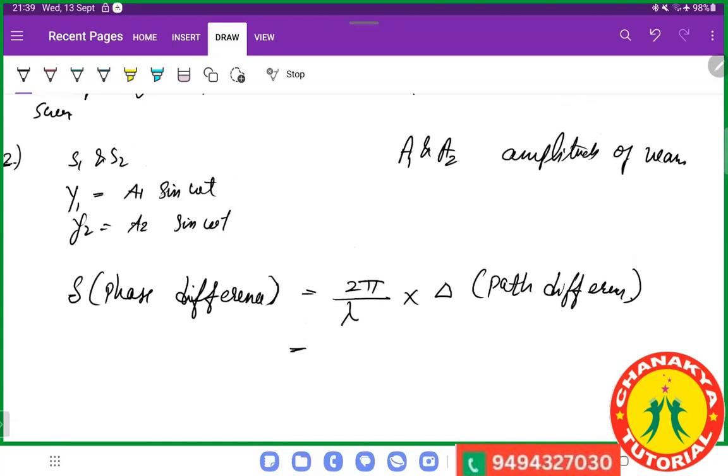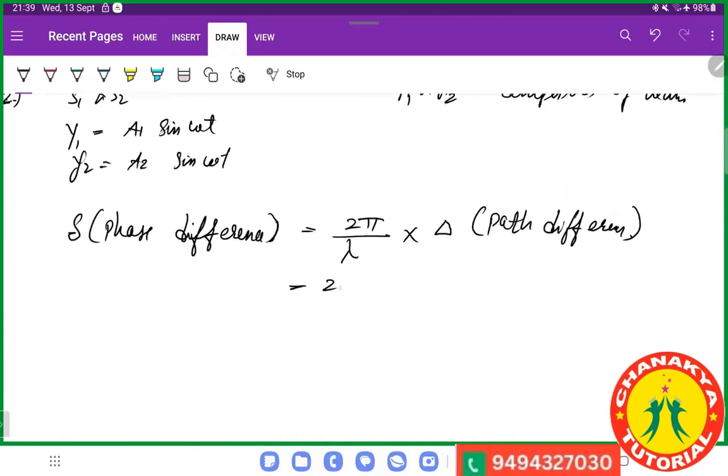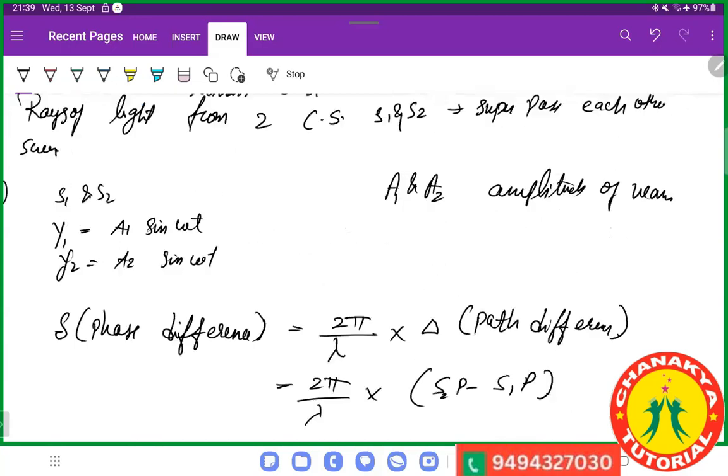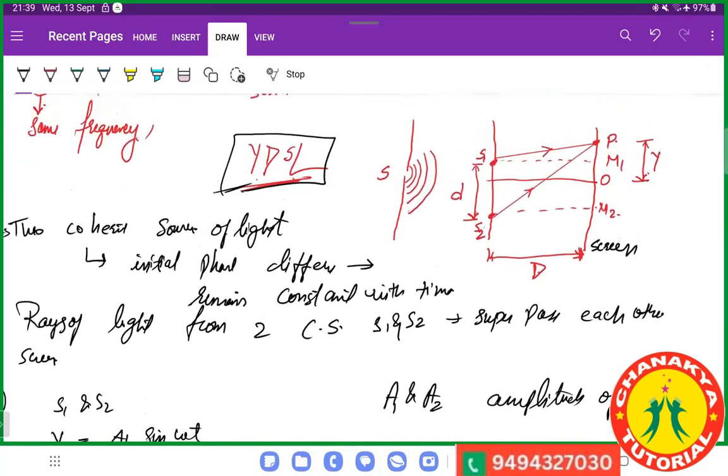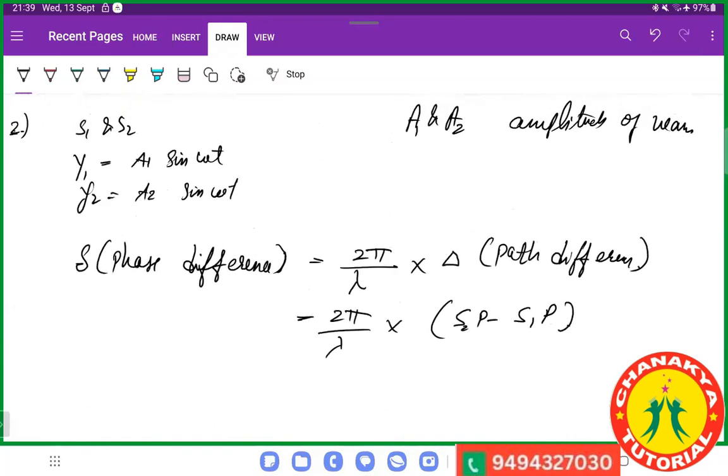The path difference is S2P minus S1P, the difference in path. So 2 pi by lambda into (S2P minus S1P), because they are joining at point P. So the difference in those paths gives this, your phase difference.